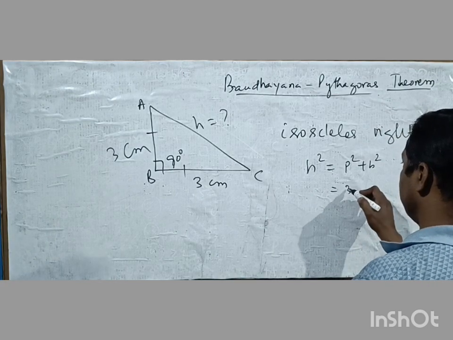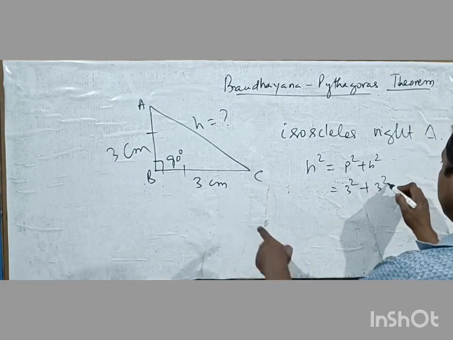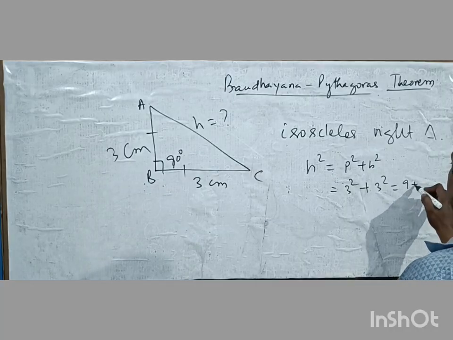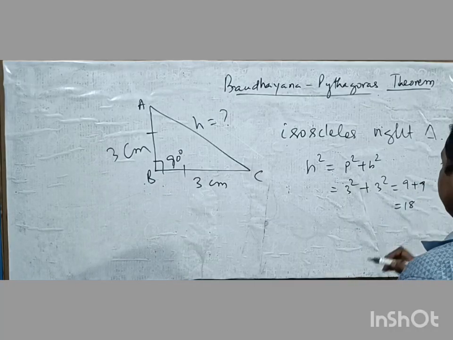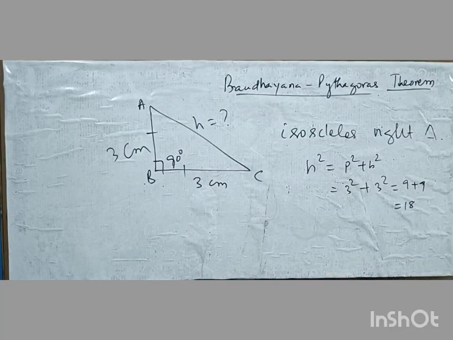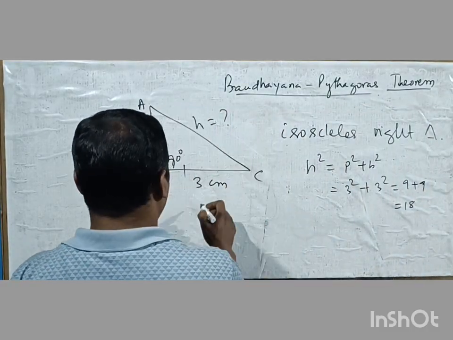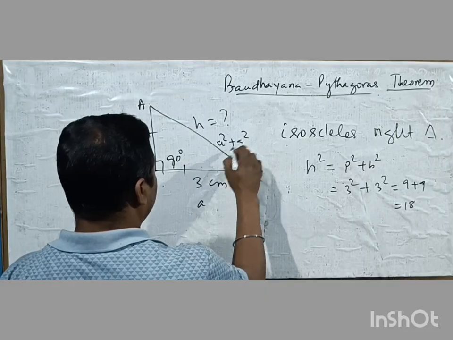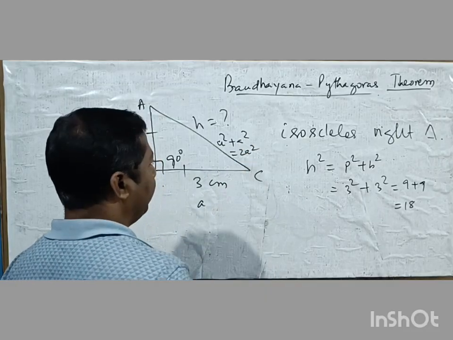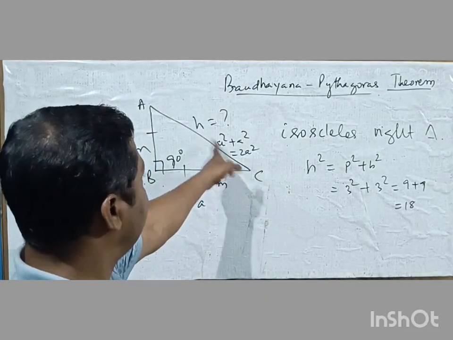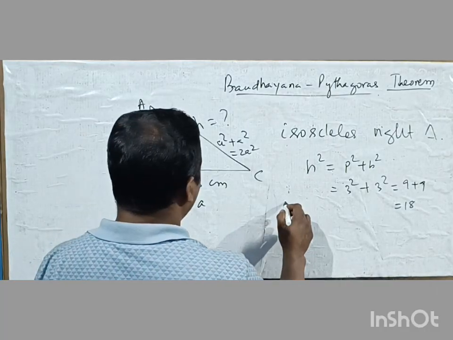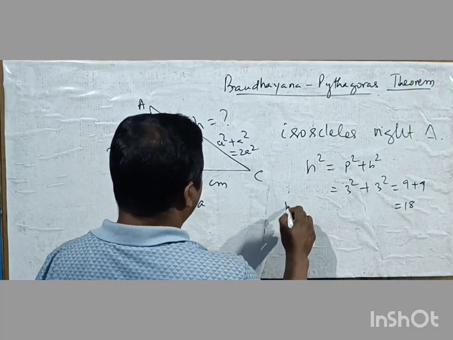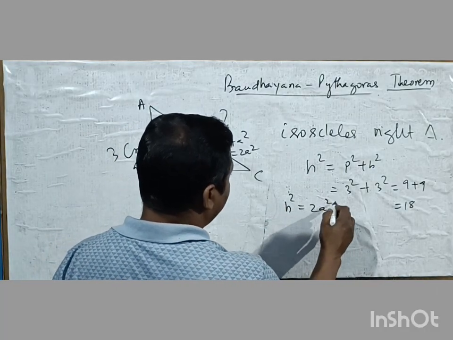That means 3 square plus 3 square, 9 plus 9 equal to 18. If the equal side is a, then this is a square plus a square, that means 2a square. So h square equals 2a square.